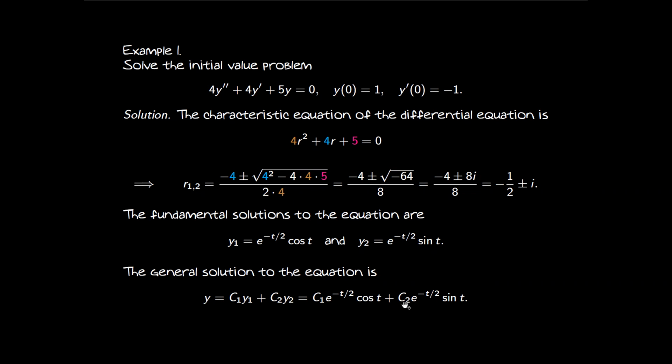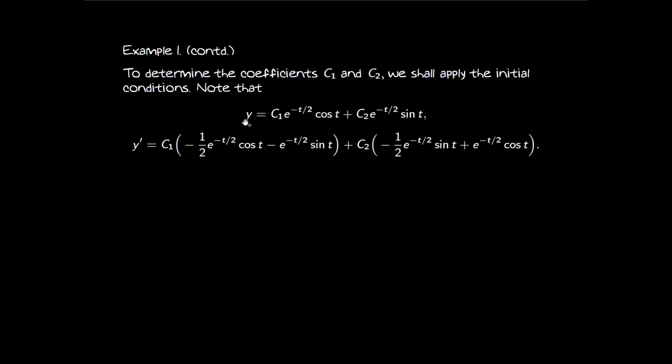So in order to apply the conditions, we need to first of all find the derivative of this general solution. So we're going to copy this, and then we can do the derivative here. In particular here, because the two fundamental solutions are products, we have to use the product rule.